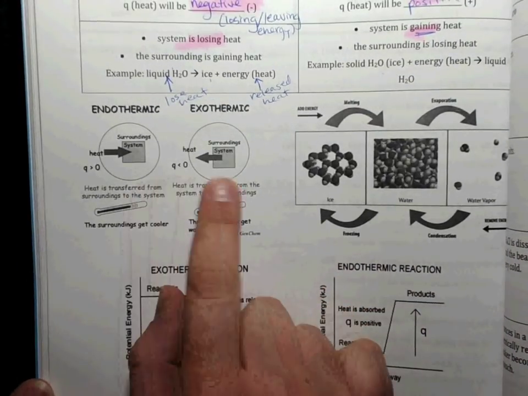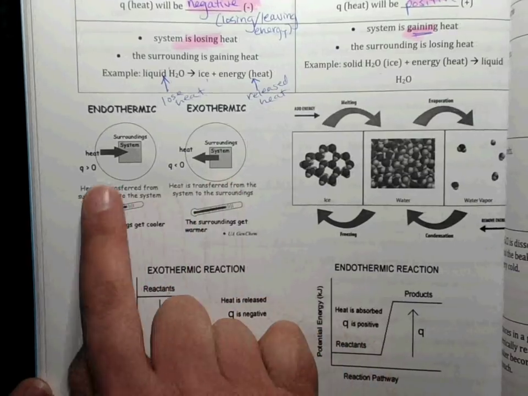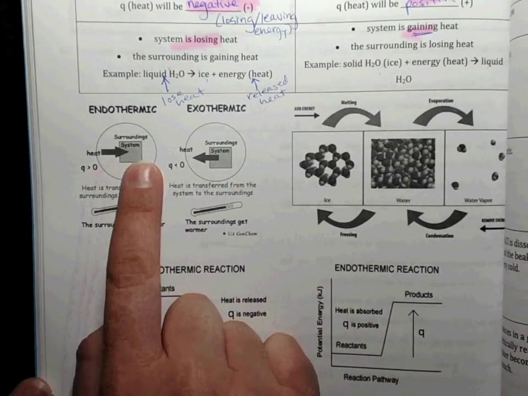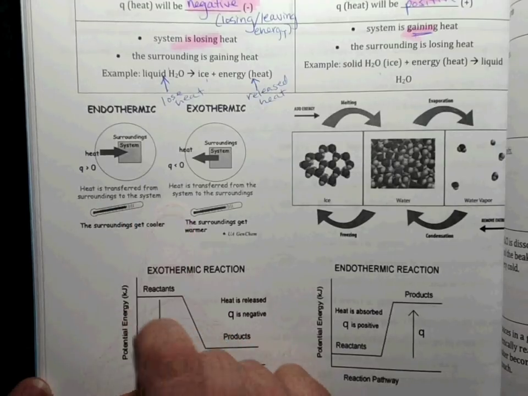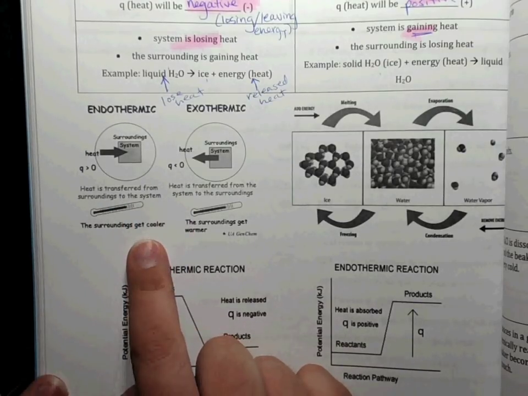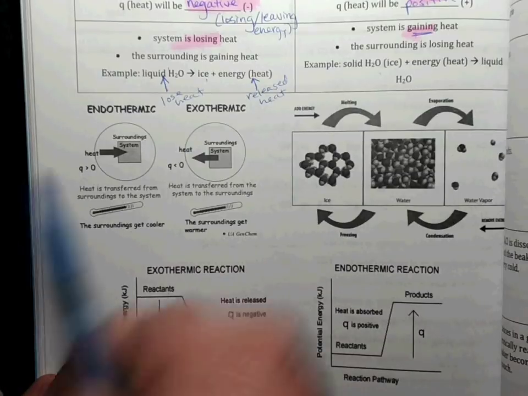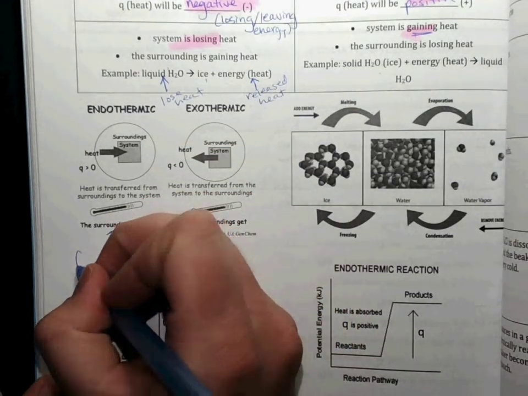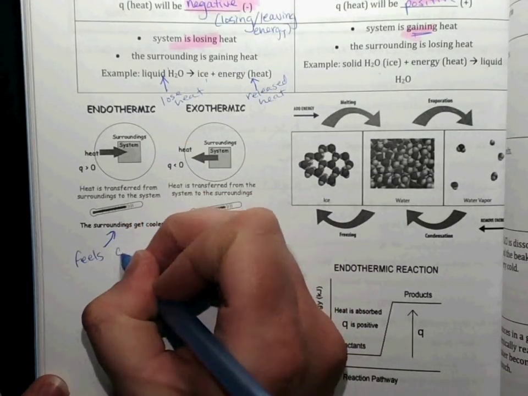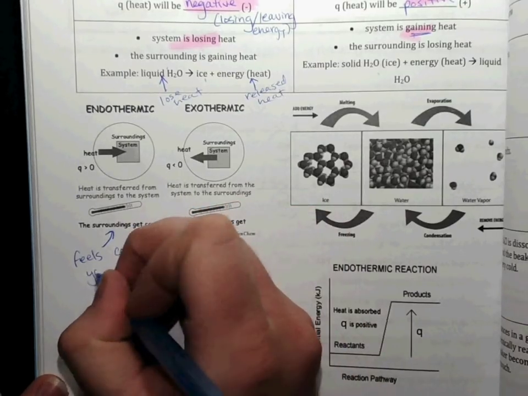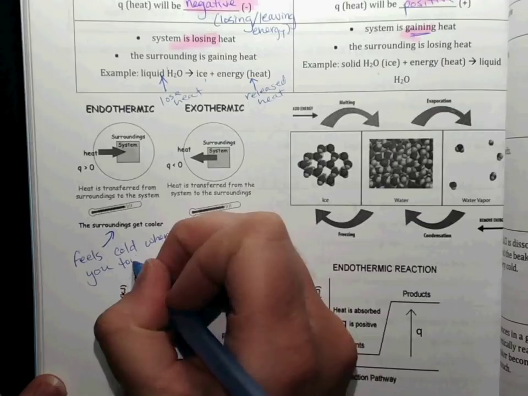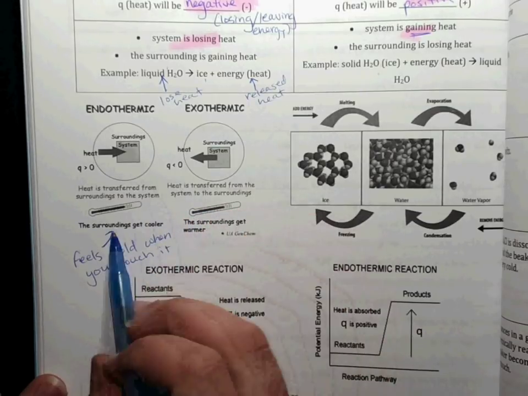This one, exothermic versus endothermic, notice that for endothermic, the heat's going into the system from the surroundings. Heat is transferred from surroundings to the system, and the surroundings get cooler. That means it feels cold when you touch it. Endothermic feels cold because the surroundings are getting cooler.